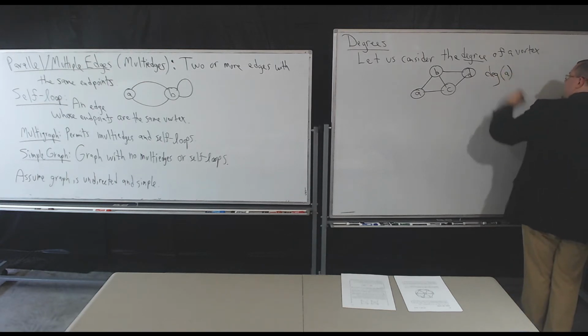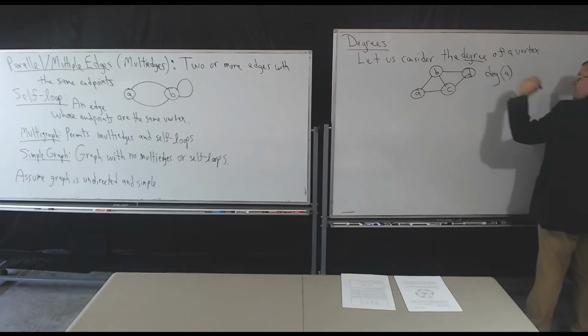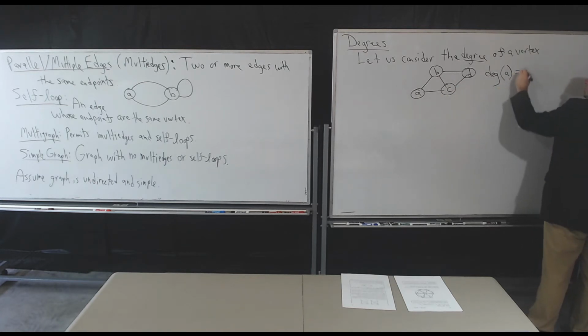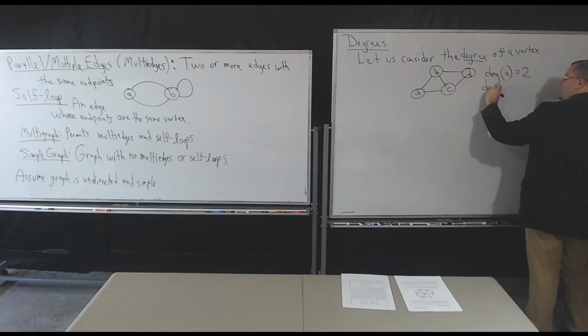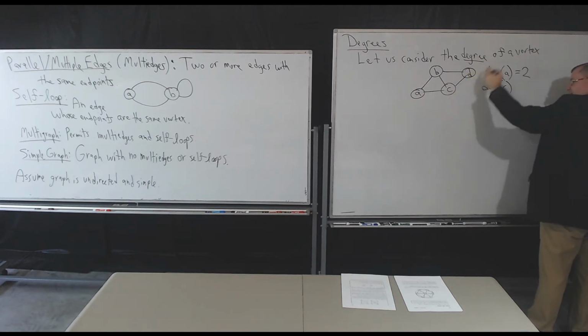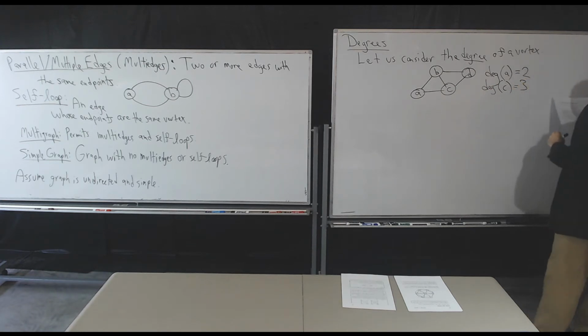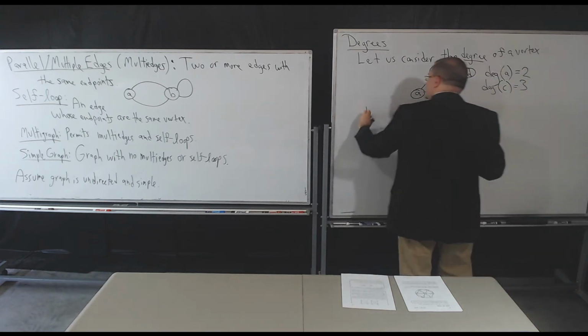So the degree of A is the number of incident edges on A. How many are there? 2, right? How about the degree of C? A, B, and D are adjacent to it. How many edges are incident on C? 3.